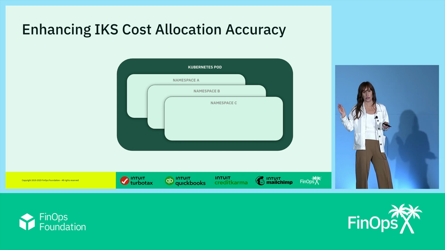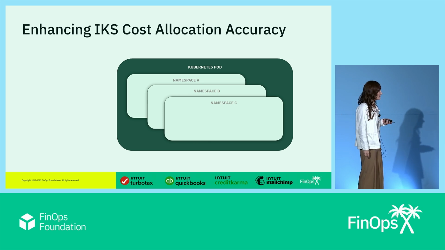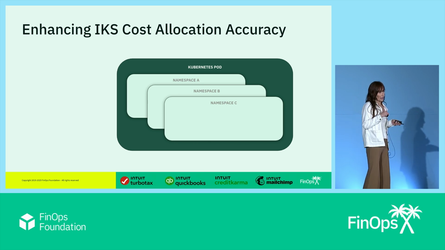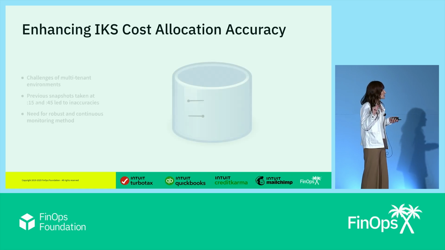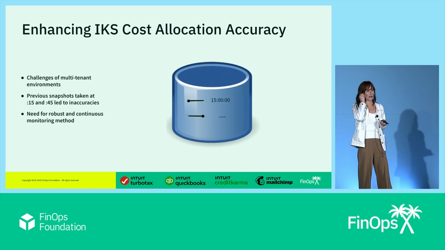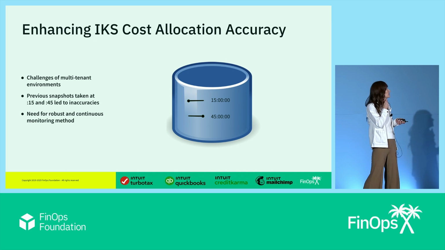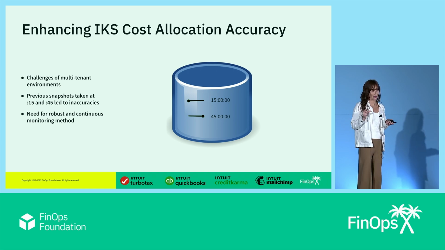So all of that data is made available for Intuit. And when we initially set up this process, we relied on taking cluster snapshots of this telemetry data twice per hour, specifically at the 15-minute and the 45-minute mark.